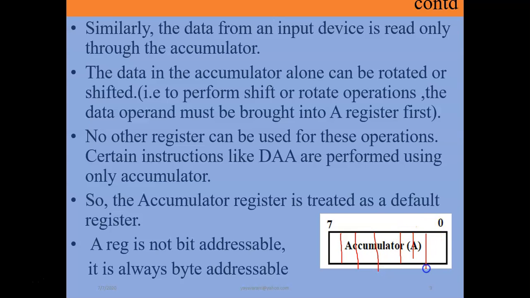If I want to change the contents of these bits, I cannot change one single bit, either this or this or this. I have to change the entire byte. You know that 8 bits is 1 byte. So the entire data must be changed at a time. That's why we say the accumulator register is not bit addressable. It is always byte addressable in the microprocessor. This is also another disadvantage in these microprocessors, right?